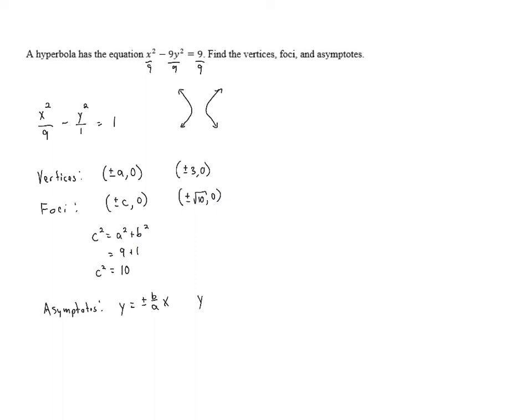And so the asymptotes are going to be at plus or minus 1 over 3 times x. So here we have our vertices, our foci, and asymptotes. And this is our answer.